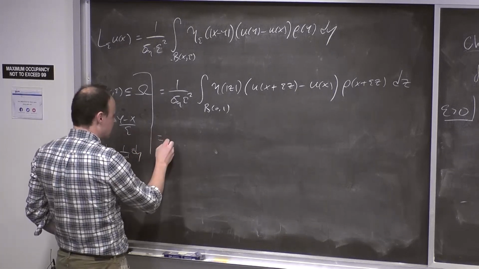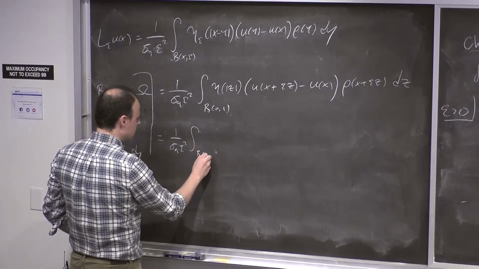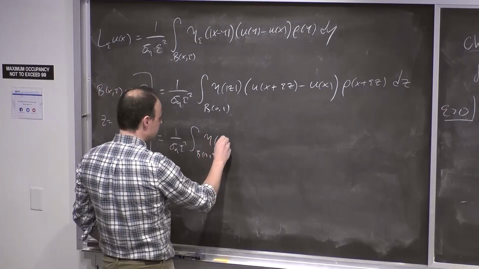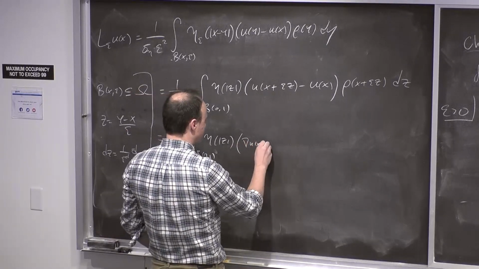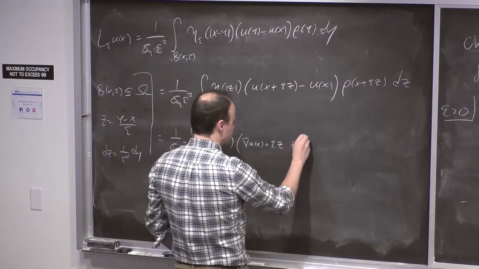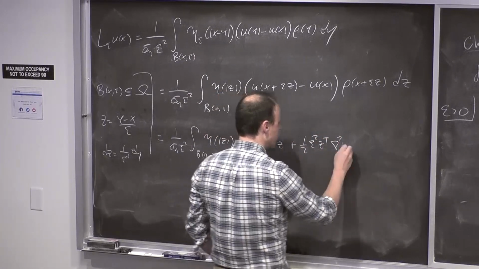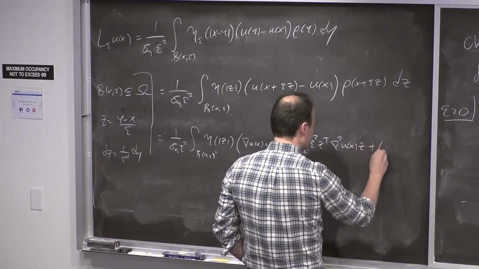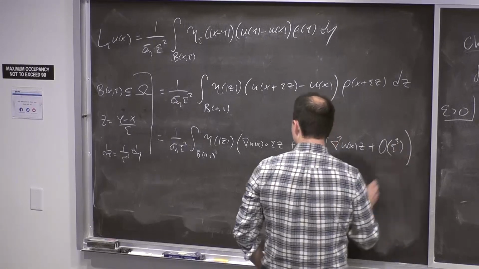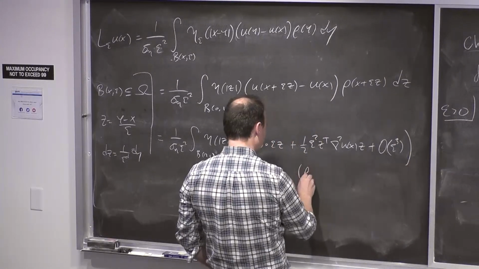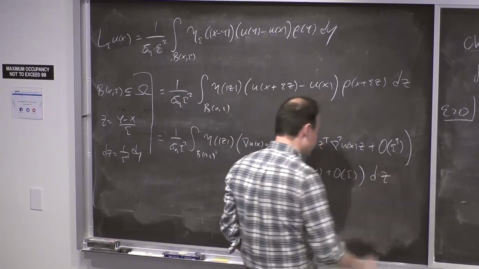And now it's a bit easier to Taylor expand. Here it's going to be grad u of x dotted with epsilon z plus a half epsilon squared z transpose the Hessian of u z plus order epsilon cubed. And then for rho, I'm going to have rho of x plus order epsilon, and then dz.